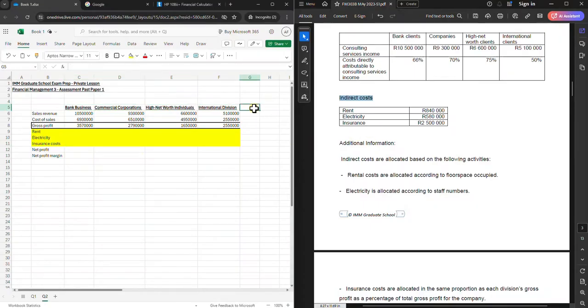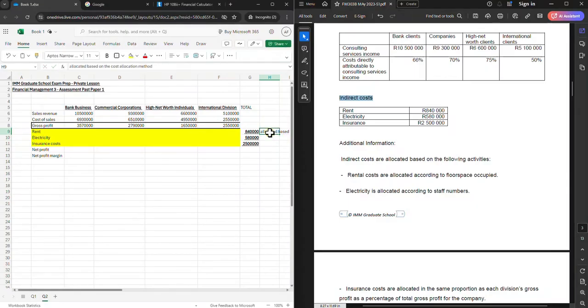So the total rent is 840,000, the total for electricity 580,000, and the insurance 2.5 million. Those amounts need to be allocated based on the cost allocation method.